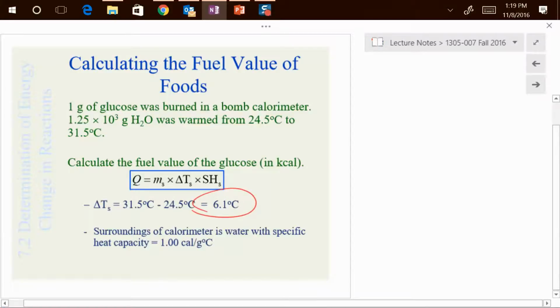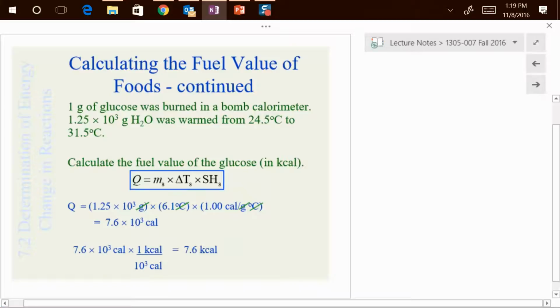Okay? So we can calculate the mass of the water times the temperature change times the specific heat in calories. Sometimes your specific heat is given in calories or joules. If it's given in joules, your answer will be in joules. If it's given in calories, your answer will be in calories.